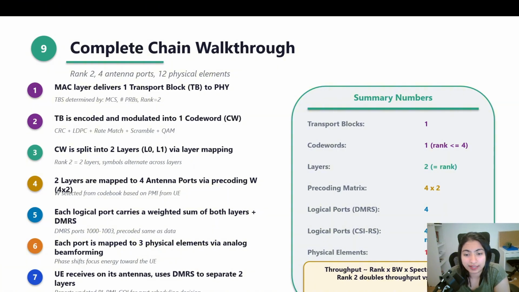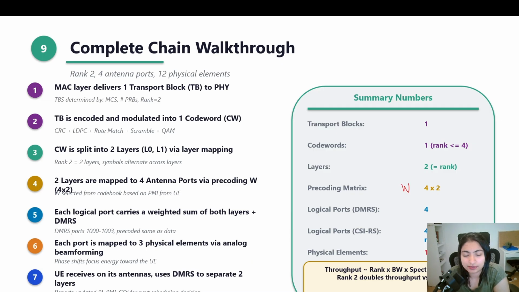Then these layers are mapped to logical antenna ports via the precoding matrix. This precoding matrix, or W, is selected based upon the PMI indication from the UE, based on whether it is using type 1 or type 2 codebook. Now each logical port thus carries a weighted sum of both layers plus DMRS.